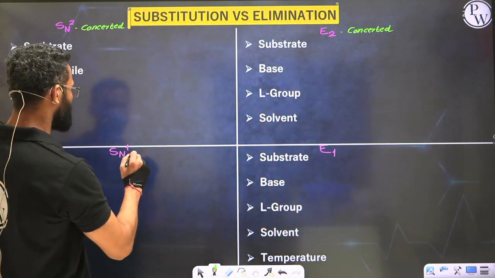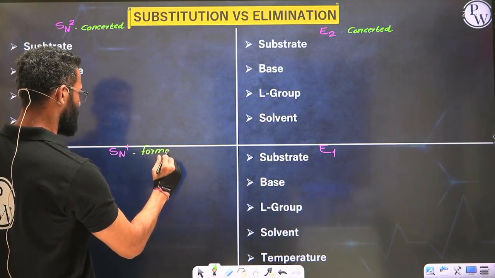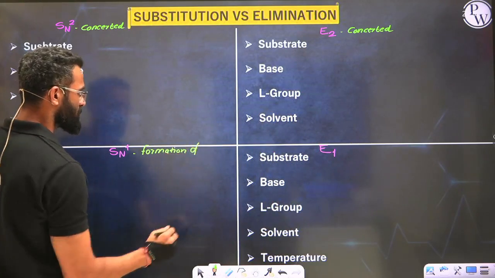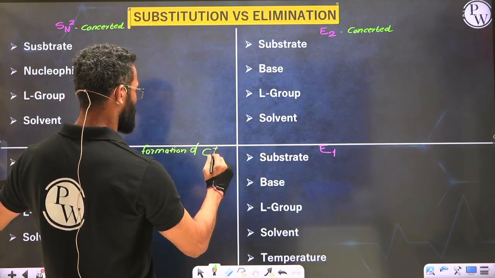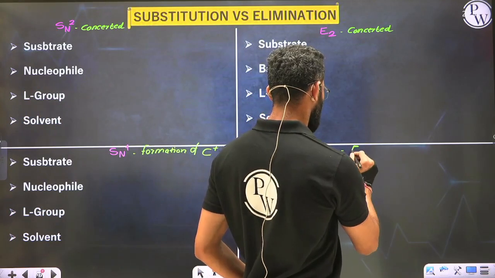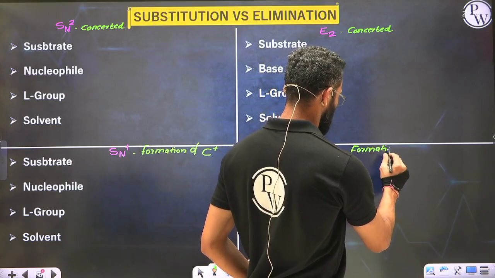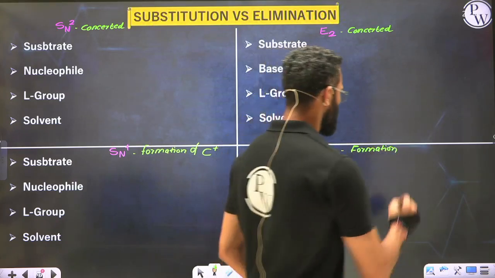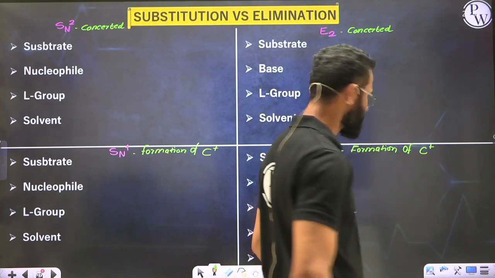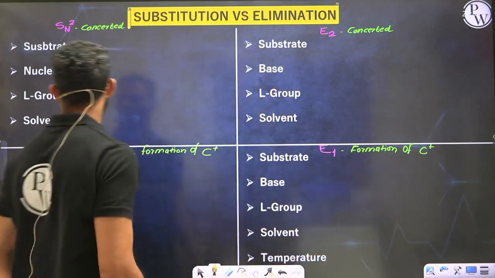SN1, what is the key feature? Formation of carbocation. E1 also proceeds via formation of carbocation.